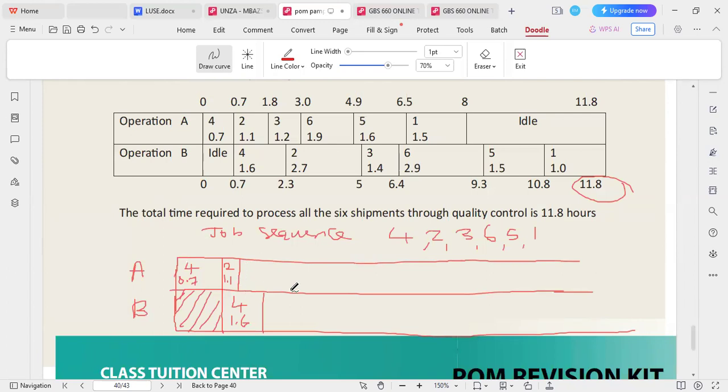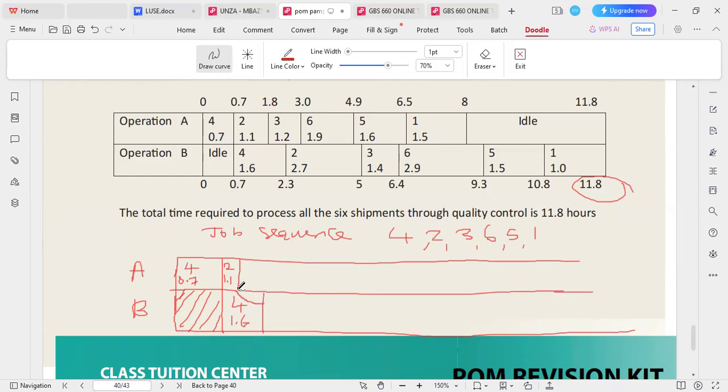And then while the people in operation B are still working on job 4, since they have already finished job 2 in operation A, they can switch to job 3 in operation A, which is taking 1.2.